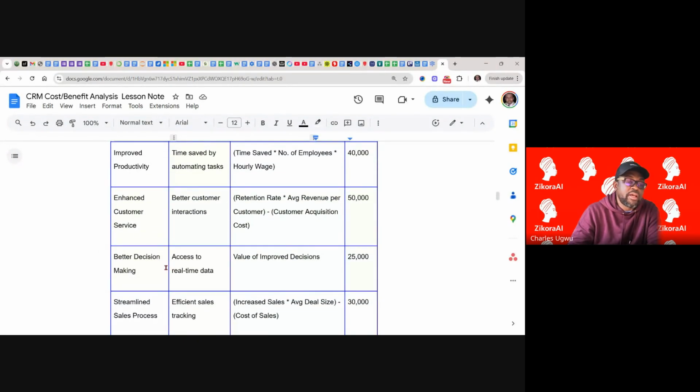Decision making, access to real-time data. Like I said, you have data sets, or once you log into your dashboard, you see the data is analyzed and showcased on the dashboard. You don't even need data analysis at this point, because the system carries out the analysis and gives you a beautiful dashboard. So there is no manual analysis.